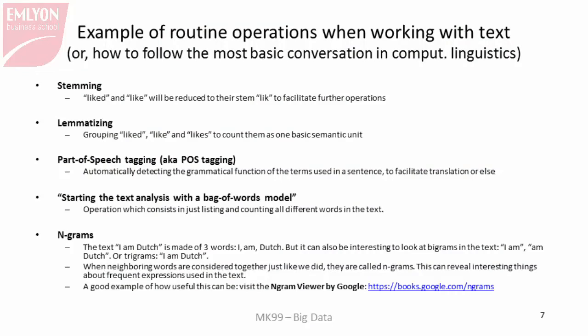You just make a list of all the terms in the text, and then for each of these terms you count how many times they appear in the text. And this simple operation can already give you a good view on the topic of the text, or can also help you find the sentiment in the text. So this simple operation, very crude actually, helps you do many things already.